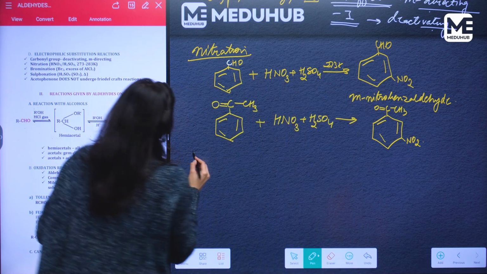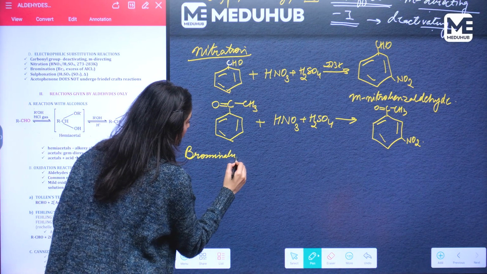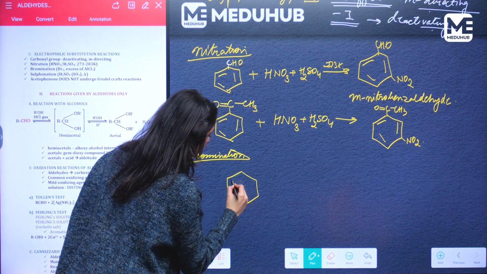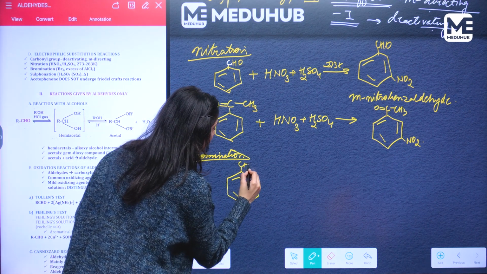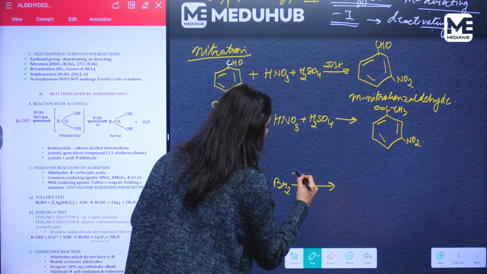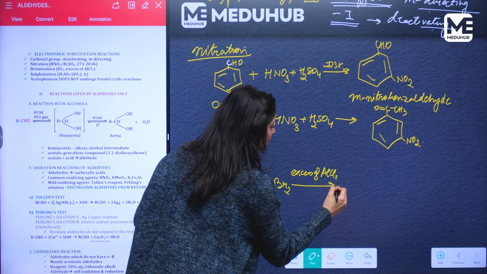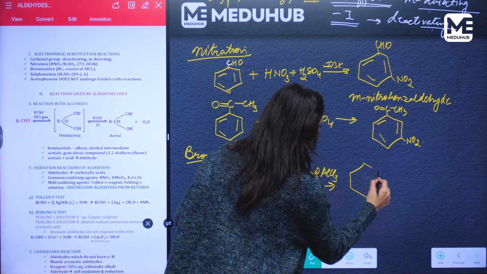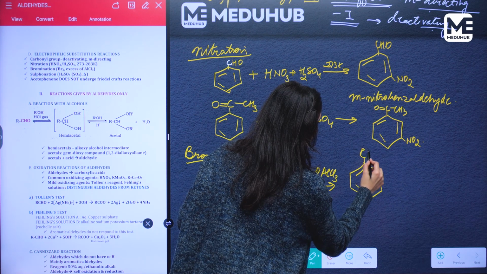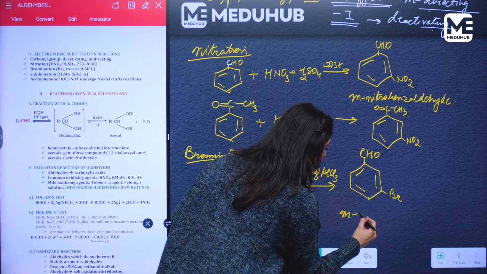If we have to carry out bromination, benzaldehyde reacting with bromine in the presence of excess of AlCl3 gives us meta-bromobenzaldehyde.